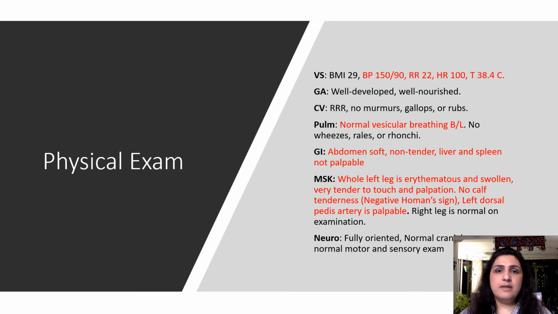On the musculoskeletal examination, his whole left leg was erythematous and swollen, very tender to touch and palpation, and there was no calf tenderness. That means that the Homan's sign was negative. And the left dorsalis pedis artery was palpable, whereas the right leg examination was normal, and neurologically, all the examination was normal as well.